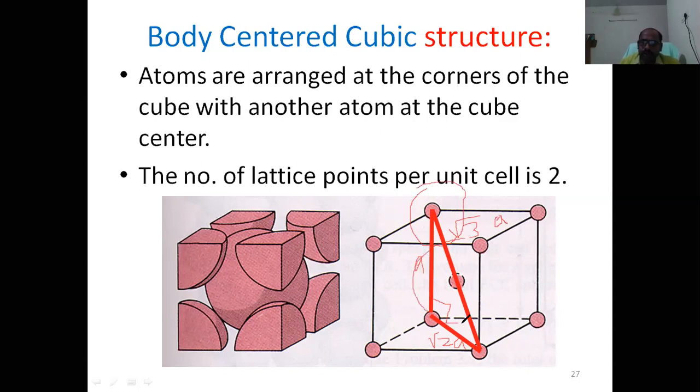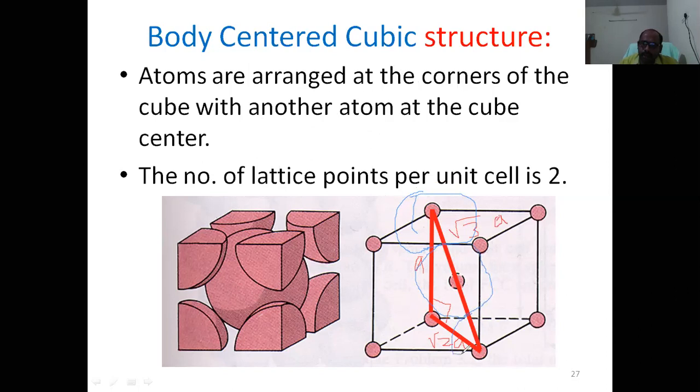Another atom covers this area, and another atom.